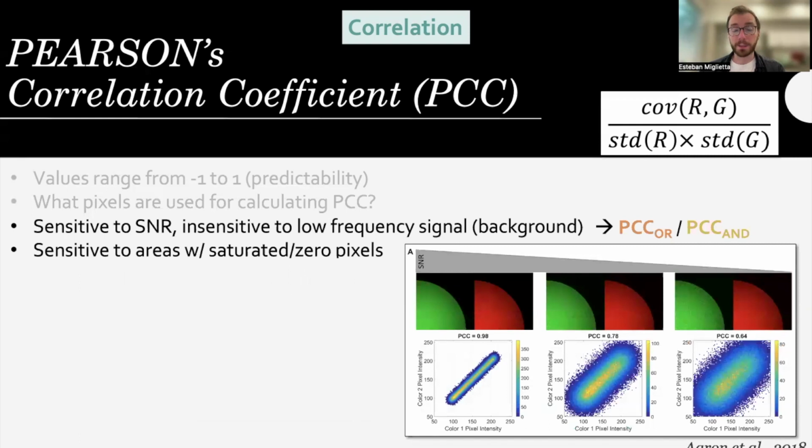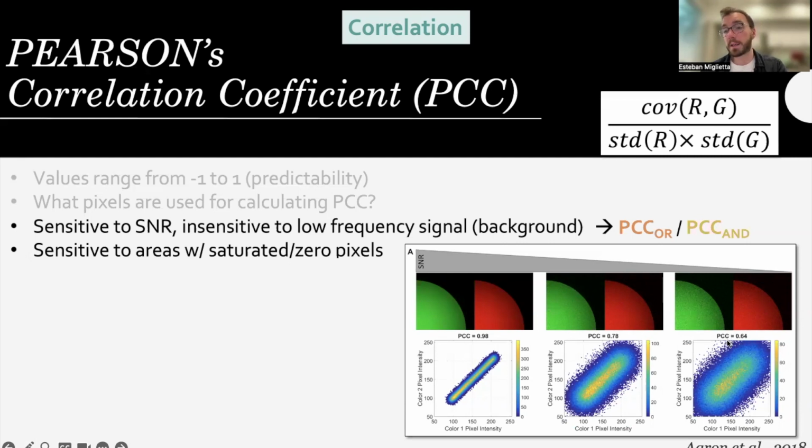Some other characteristics of PCC that we have to take into account is that Pearson's correlation coefficient is quite sensitive to signal-to-noise ratio. Here we can see, having the same kind of correlation between the two channels, the more noise you get, the lower the PCC will be.